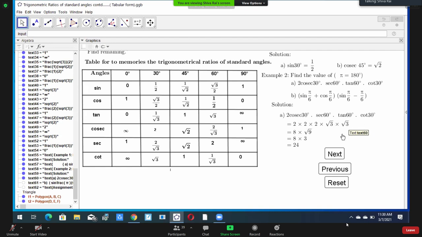Irrational numbers we can multiply, but irrational numbers may also be of different degree. If they have different roots, we cannot multiply. But this is a square root, this is also a square root, so we can multiply. Root 3 into root 3, 3 3 is 9. So 8, now root of 9 is 3, already you know, square root of 9 is 3, so 8 3s are 24. Are you clear?